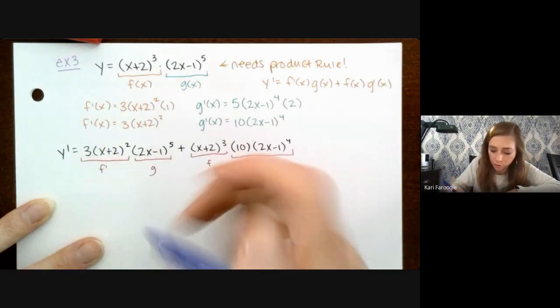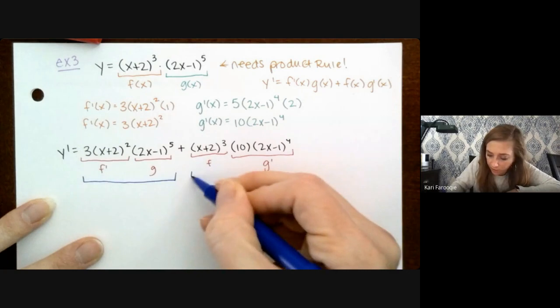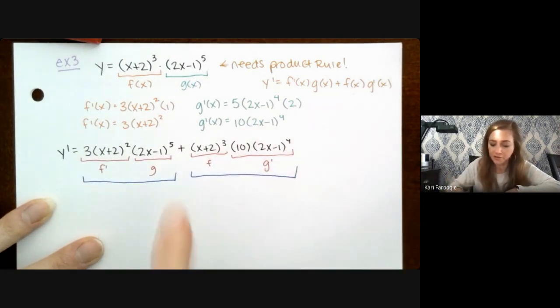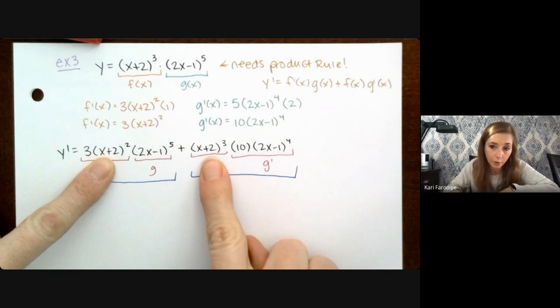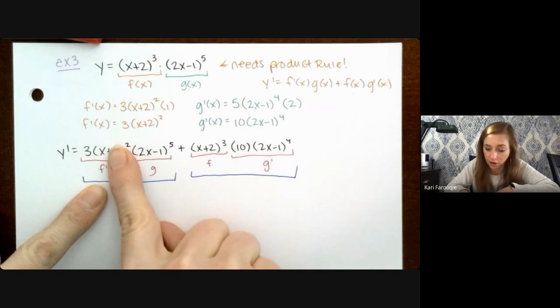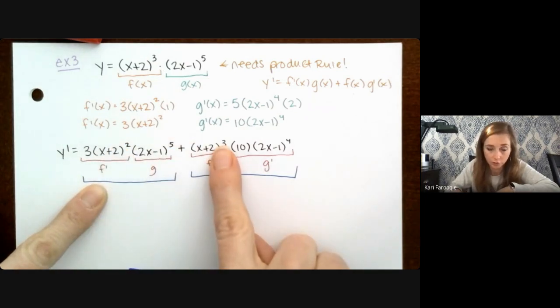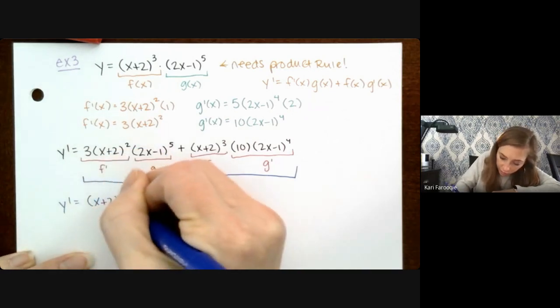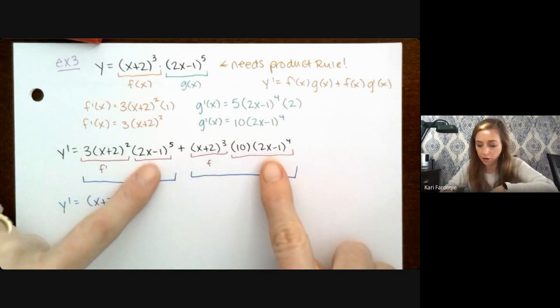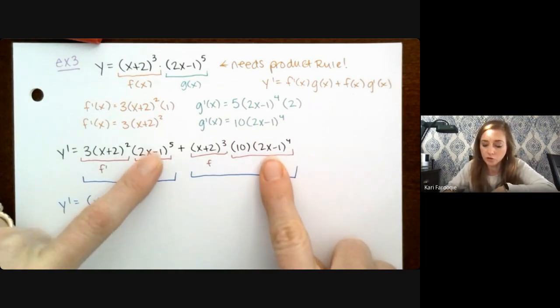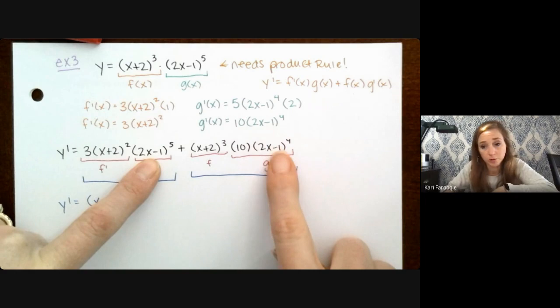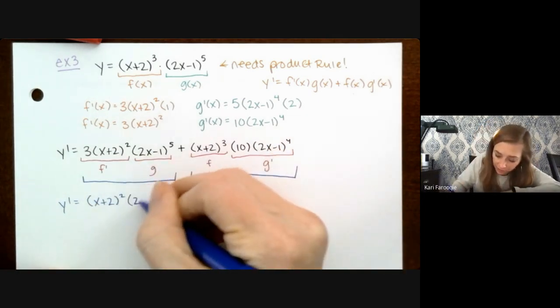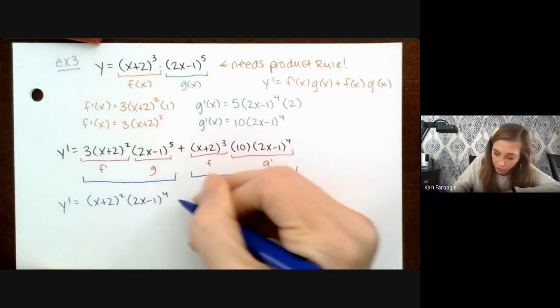Each one of these terms has a common factor of x plus 2. Now, I can only take out as much as they have in common, but they each have x plus 2 squared in common. That one's got an extra one that we'll just leave. So I can take out this x plus 2 squared, and I can also take out a 2x minus 1. I have it to the 5th power, and I have it to the 4th power. I can only take out the least number of things that I see, which is to the 4th power. So I'll take out 2x minus 1 to the 4th.